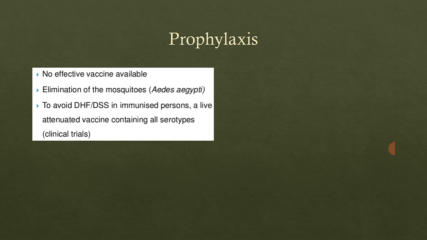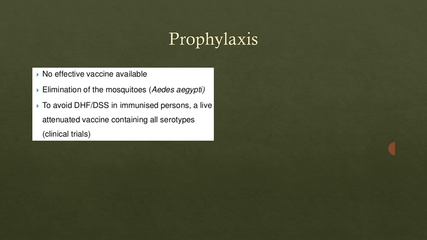Then to avoid the hemorrhagic fevers and the dengue shock syndrome in immunized persons, a live attenuated vaccine containing all the serotypes of dengue has been developed, and this vaccine is currently undergoing clinical trials.